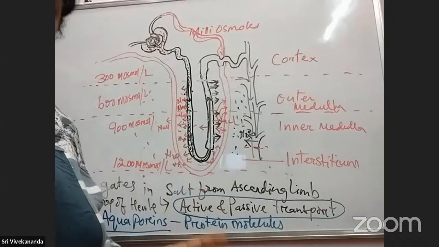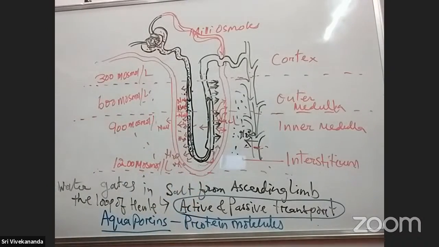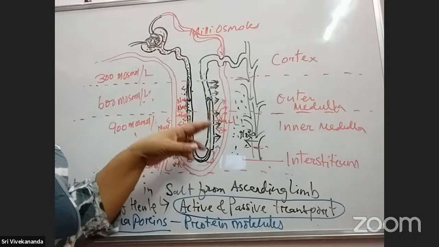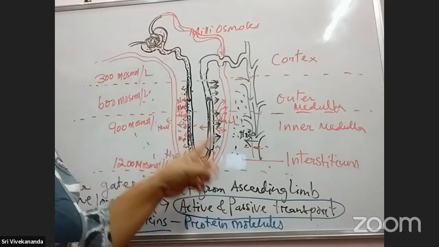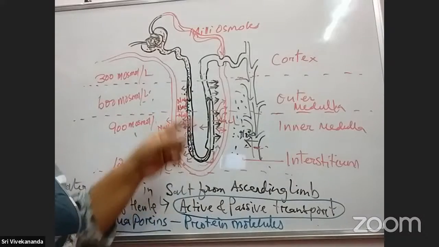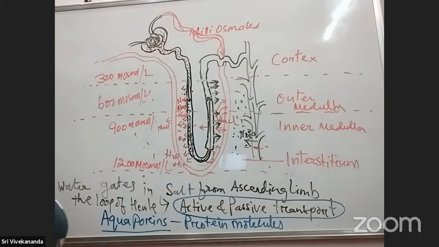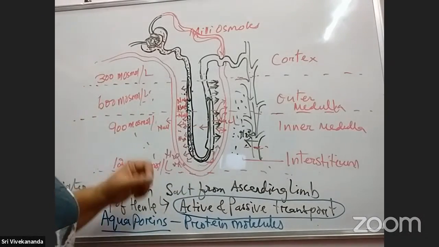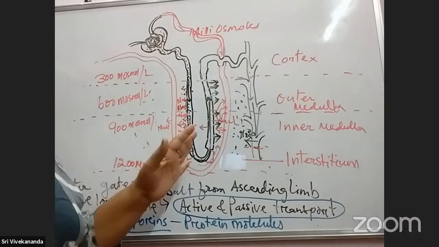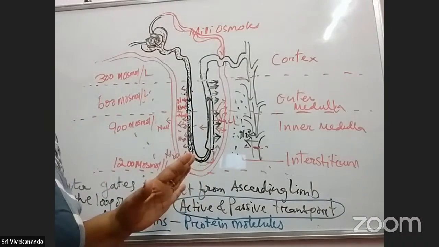Clear? Okay. Now after the release of this sodium chloride, what is going to happen? What is the fate of this sodium chloride? Where is it going to go? Sodium chloride has several roles.